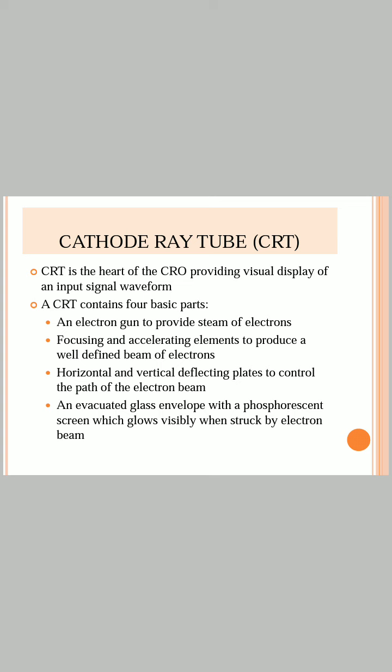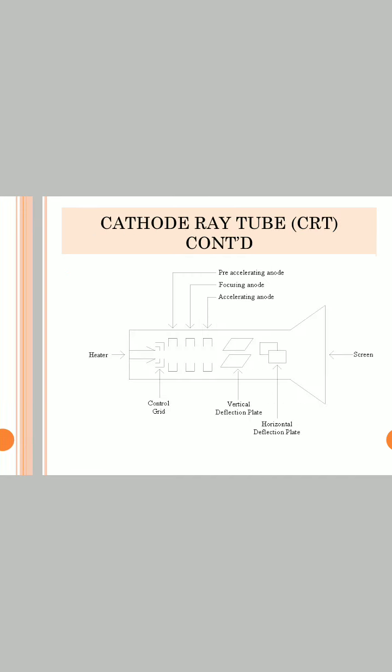So in CRT, the electron gun produces a cathode ray beam, which produces an image by horizontal and vertical deflection plates and shows it on the phosphorescent screen.